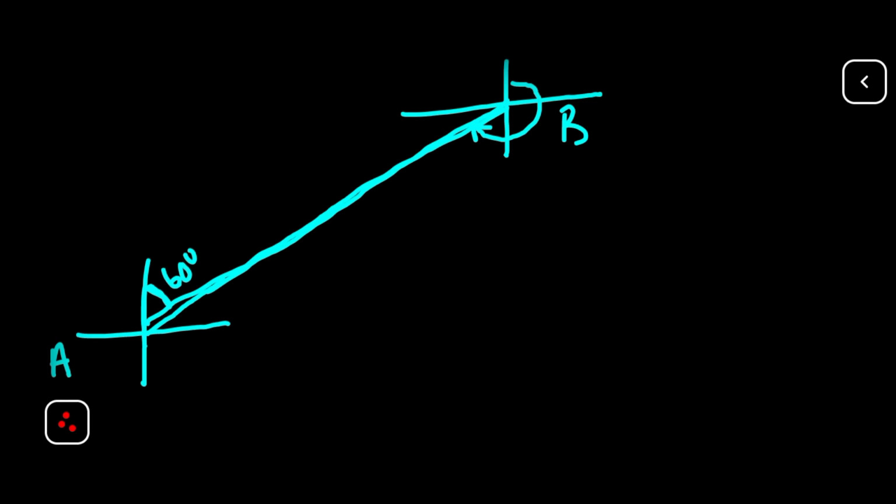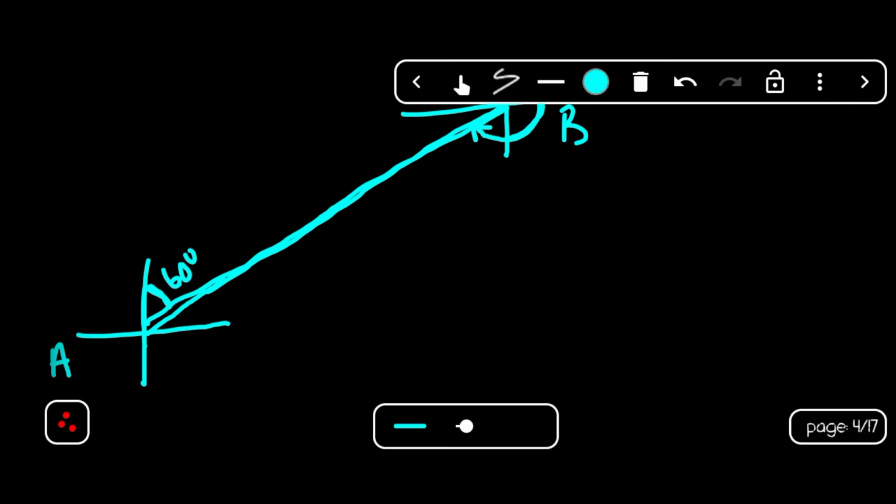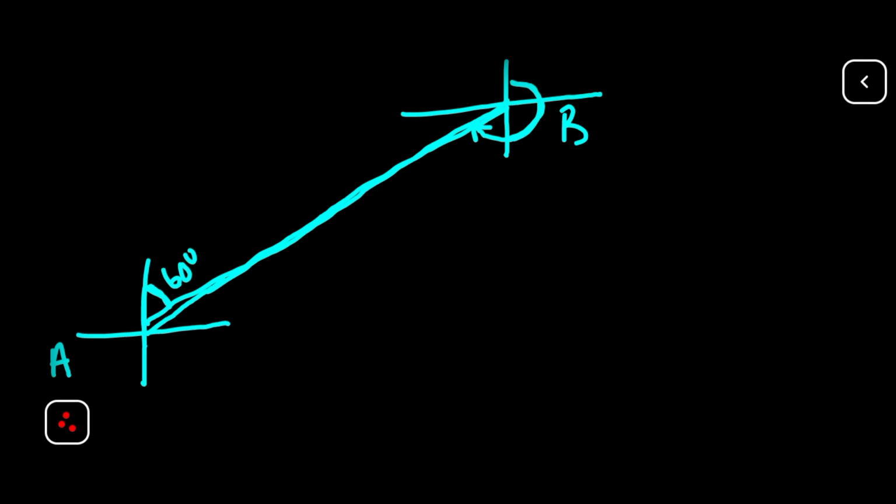Now, if you look at it like we've been doing, from this point to this point is 180, right? So this point here is 180 degrees. Well, what is this angle here?